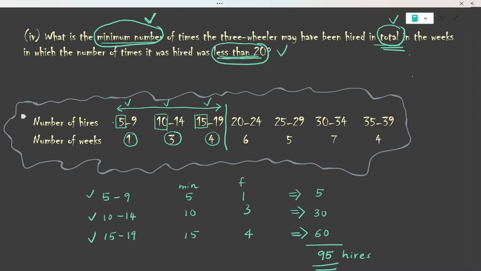The first one was 5, the second one was 10 and the third one was 15. We multiplied each number by the frequency to get the number of hires for each class, and we finally added those 3 classes together to get the total.